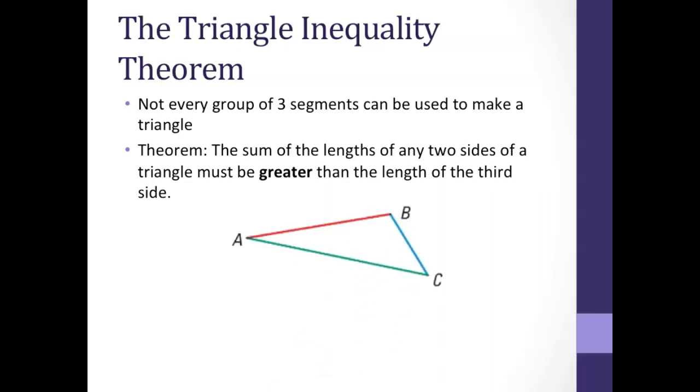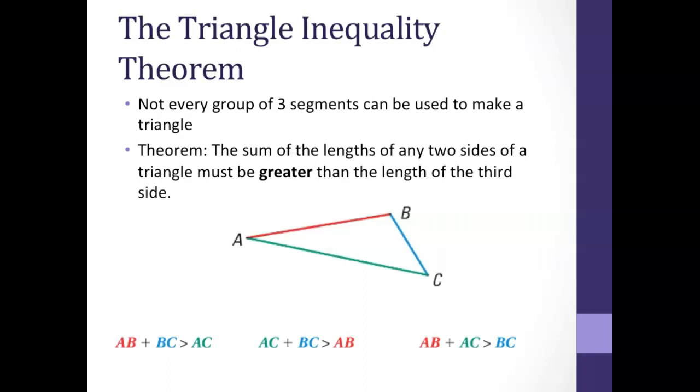AB plus BC has to be greater than AC. AC plus BC has to be greater than AB, and AB plus AC has to be greater than BC. All of those must be true in order for you to be able to form a triangle using those particular segments.